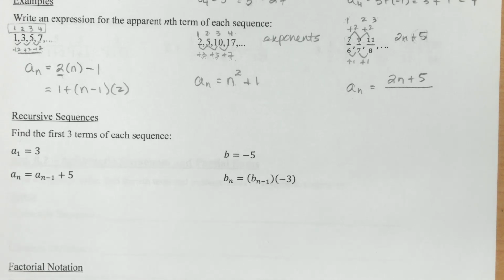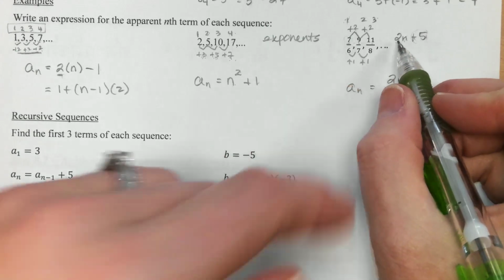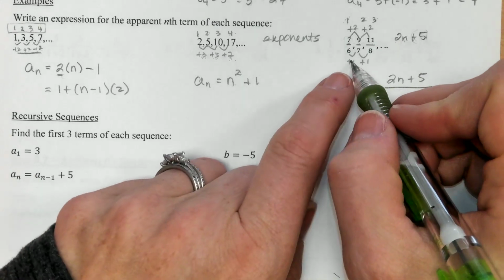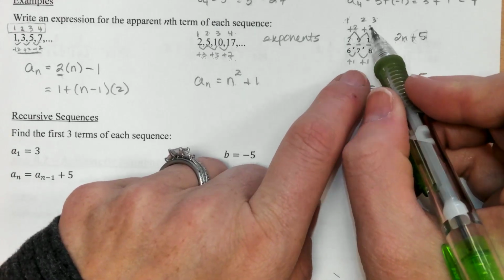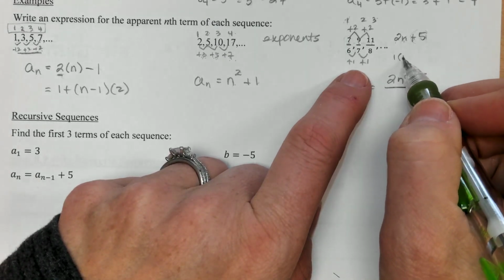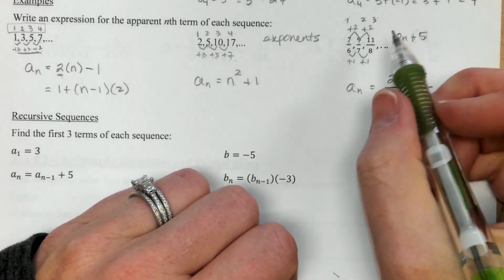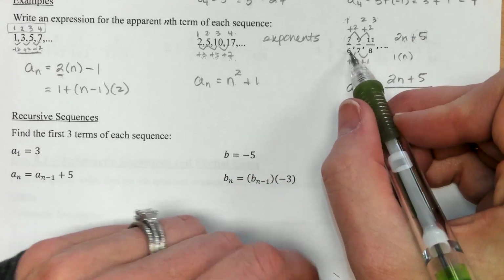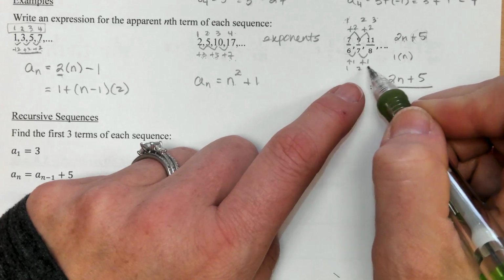On the bottom, we're just going up by 1s. So kind of using the pattern that we found out, what you're going up by becomes what you multiply by. And then we have to adjust a little bit in order to get to 6. Remember, this is your first term, second term, third term.